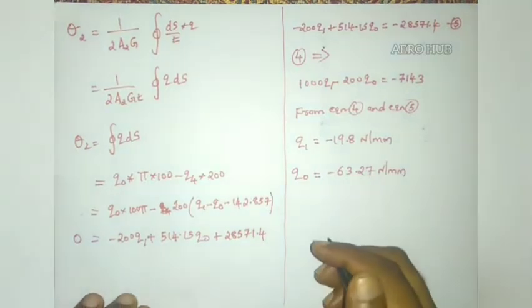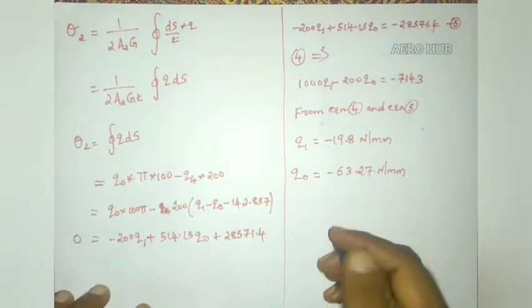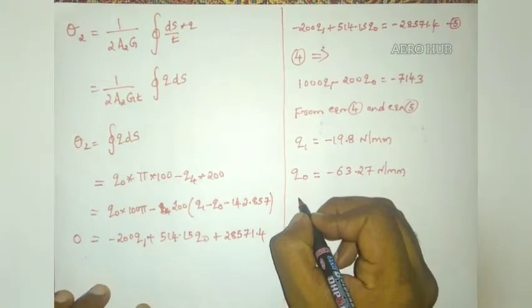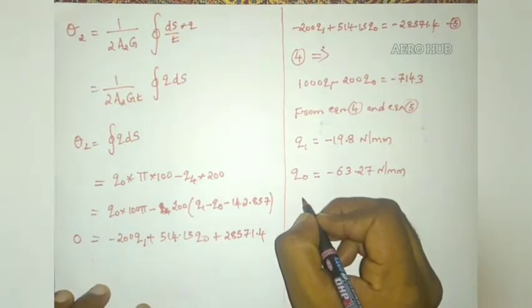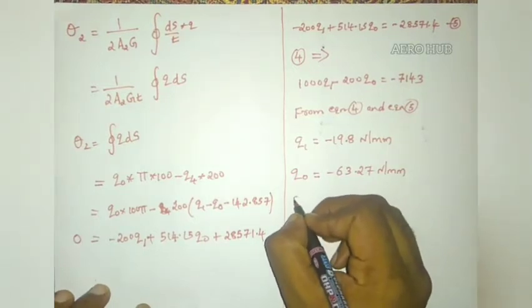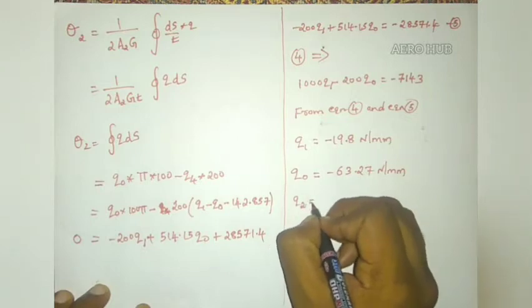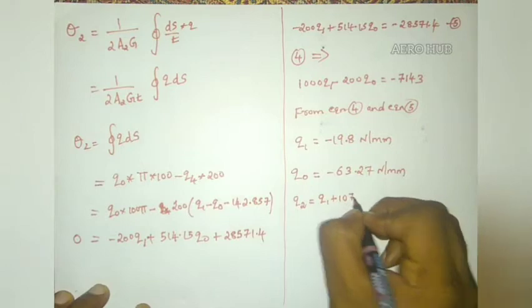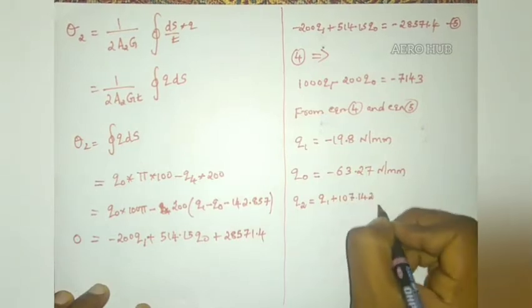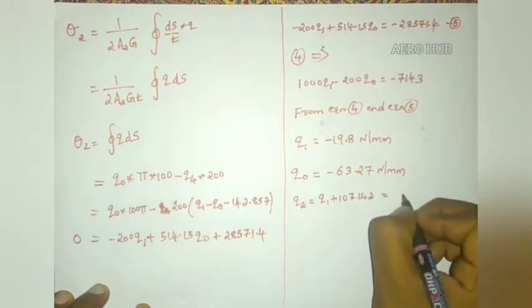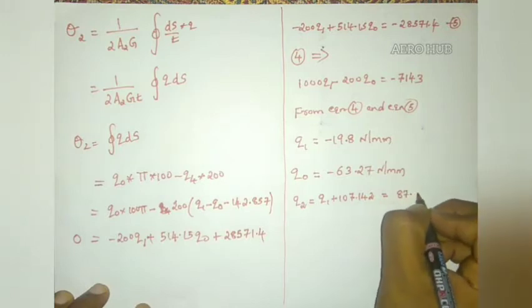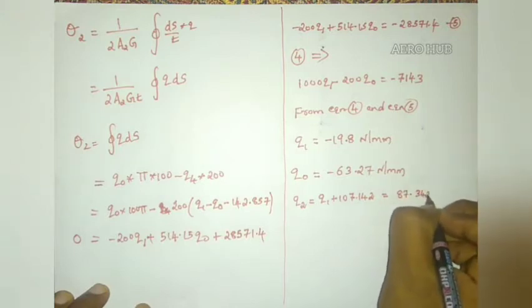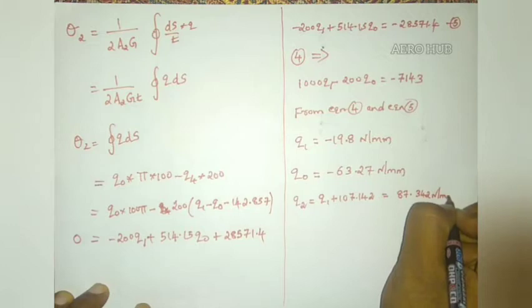Now we got the value of Q1 and Q naught. Now we have to find out the value of Q2, Q3 and Q4. Q2 is nothing but Q1 plus 107.142. So the answer will be 87.342 Newton per millimeter.